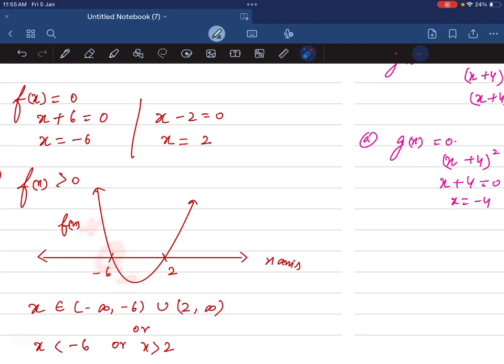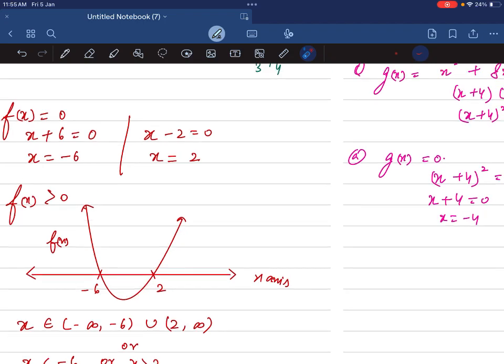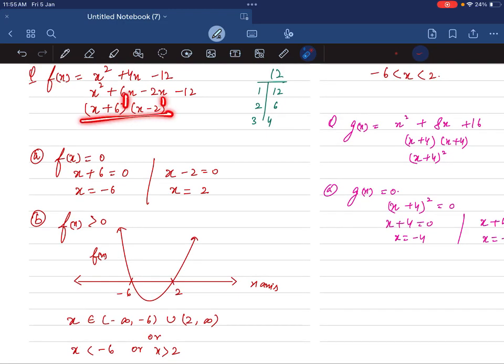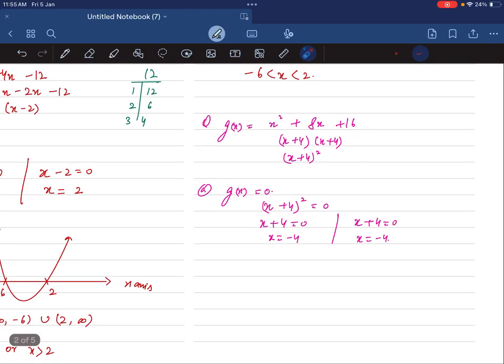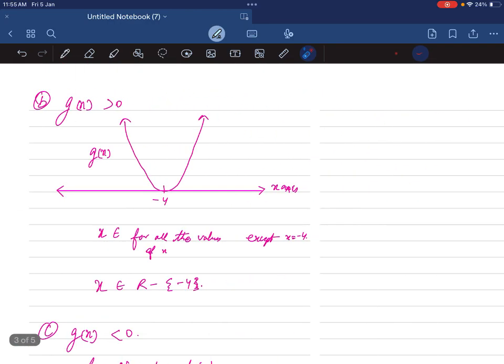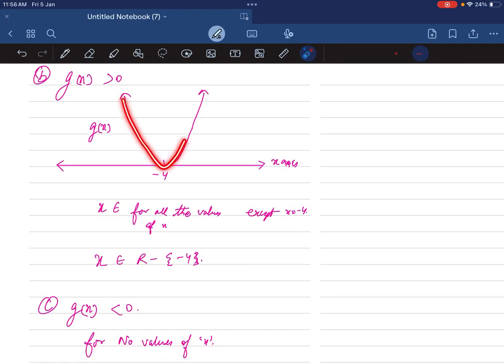Across negative 6, it is first positive and then negative. Similarly for 2, it is first negative and then positive. So the nature of the graph changed when the roots were occurring an odd number of times, and didn't change when the root was occurring an even number of times, as we saw in this question.